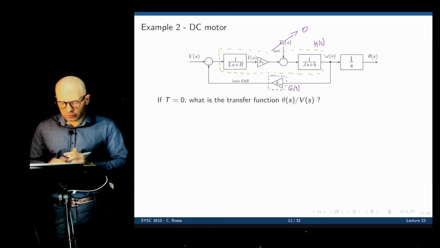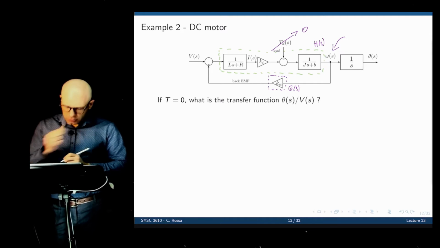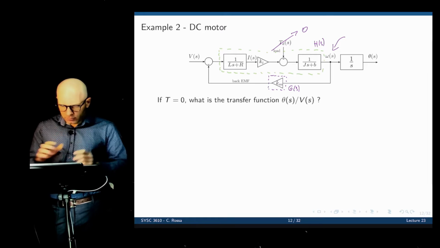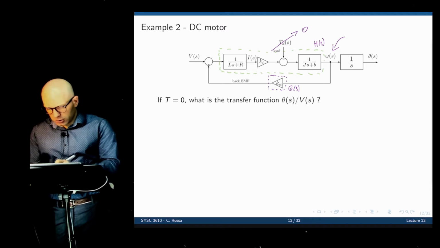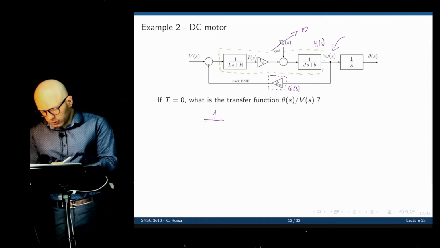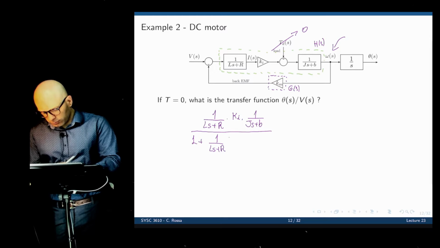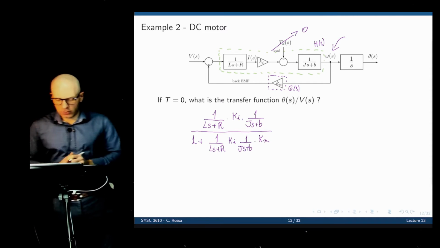So what is the transfer function? Let's look at this point first. If you just do the transfer function up to that point, we can eliminate this feedback loop first. And that would be now the multiplication of all these functions times Ki times 1 over Js plus B, all divided by 1 plus that, but now times Km, which is the feedback function.